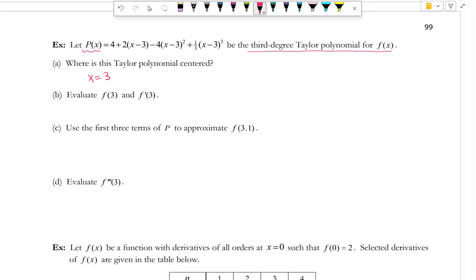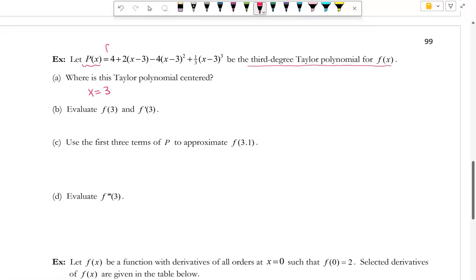So when I look at this, I know my first term should be f of 3, plus f prime of 3 times x minus 3, plus my second derivative at 3 divided by 2 factorial times x minus 3 squared, and so on.